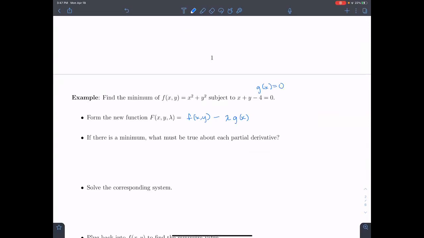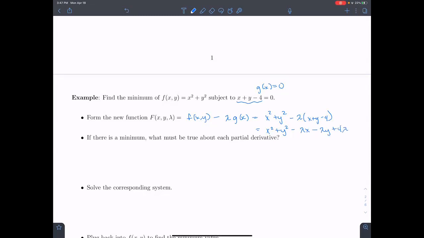So we have x squared plus y squared minus lambda times x plus y minus 4. So we're looking at x squared plus y squared minus lambda x minus lambda y plus 4 times lambda.